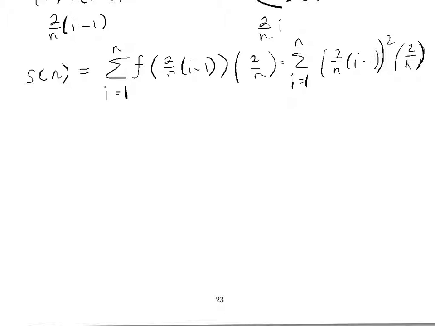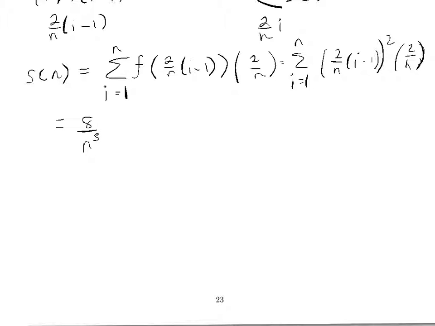All right, and from there, the rest is algebra. We want to rearrange so that we get our i terms by themselves. So we're going to have a 2 over n squared times 2 over n, which will be 4 times 2 is 8, over n cubed.